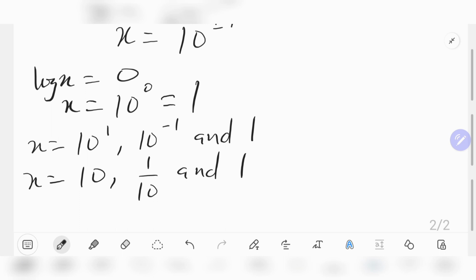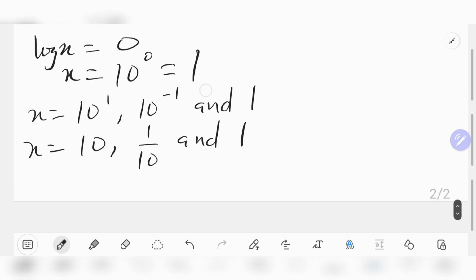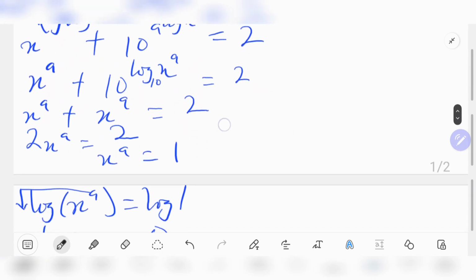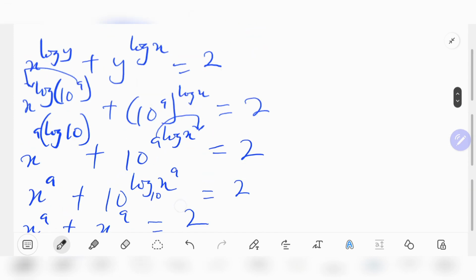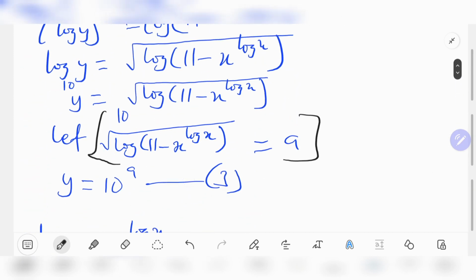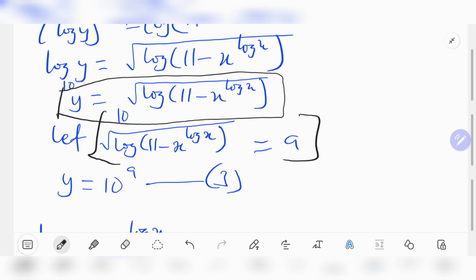So what we are going to do at this point is to substitute each value of x into the expression for y. Then we get the corresponding values of y. Okay, so remember from our solution that we have y to be this whole expression.